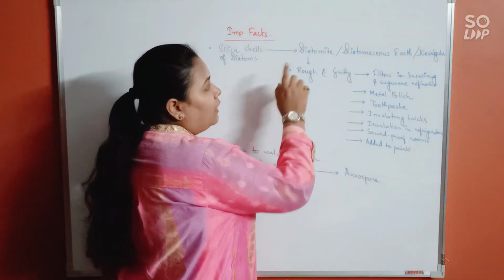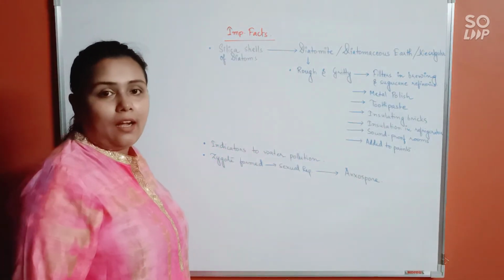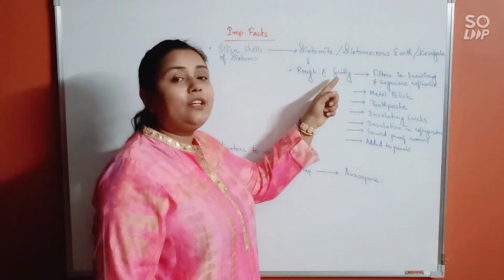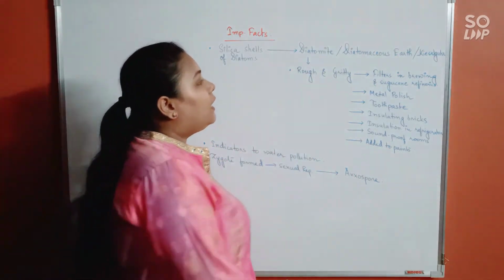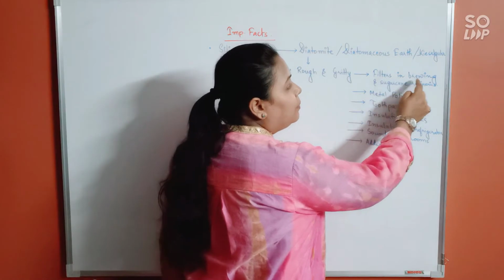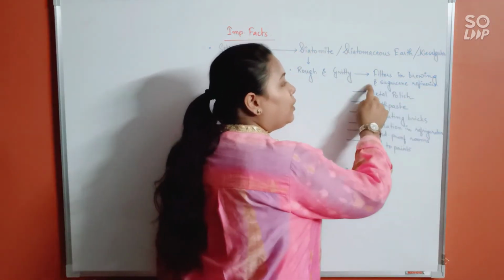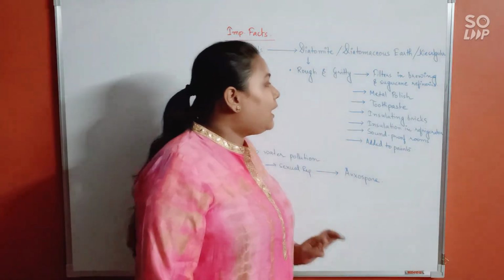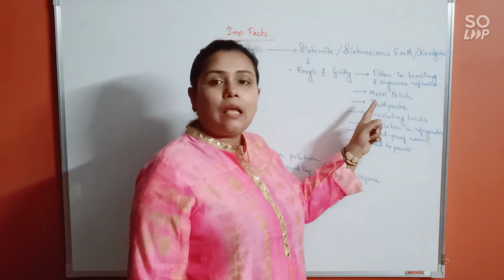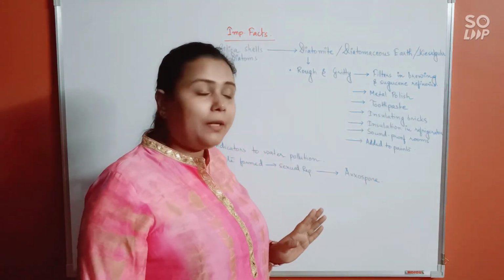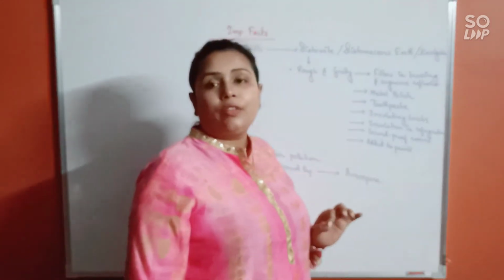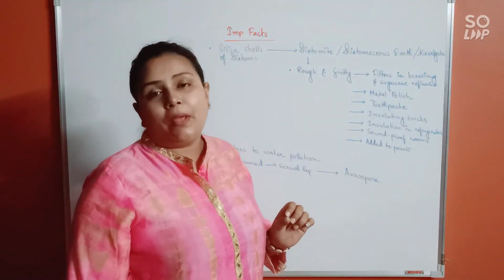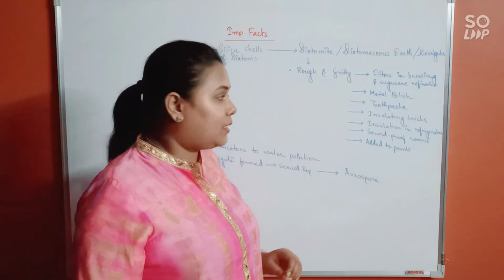Now, what are the commercial benefits of it? Because diatomite has silica after all, it is rough and gritty. That's why it is used as filters in the brewing industry and also in the sugarcane refineries. Next, it is also used as metal polish. It is used as a major component of toothpaste.